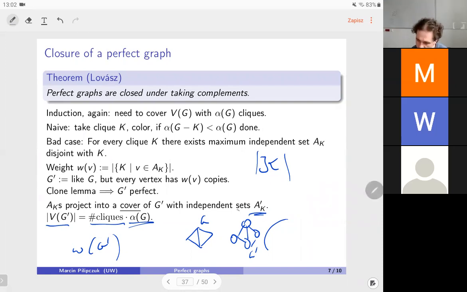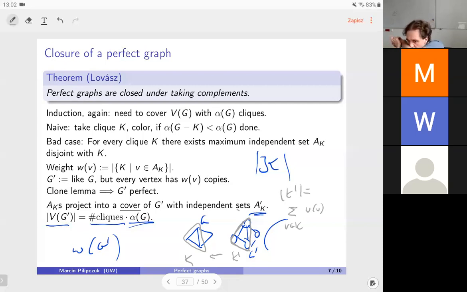So your clique here is really a few of these cloning classes, and it projects back to a clique in G. So a clique K prime here is actually a clique in G, and you blow up every vertex to a number of vertices. So the size of K prime is actually the sum over v in K of the weight of v. So you take a clique from G and just sum the weights of those vertices to get your clique in G prime.